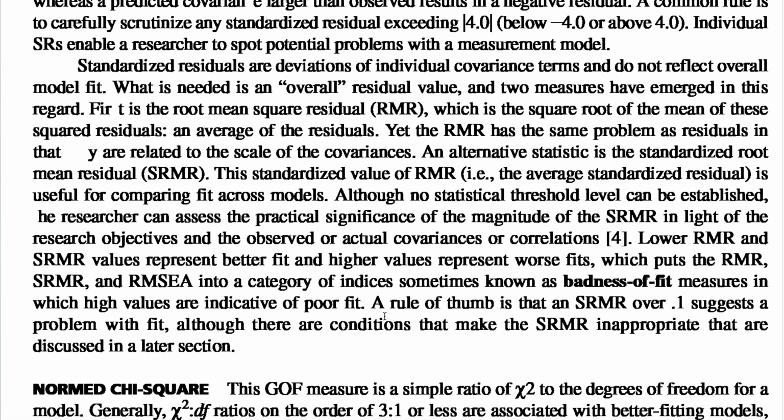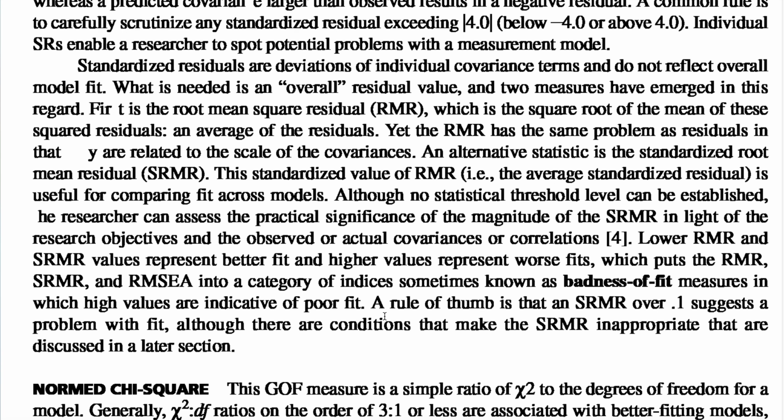What is needed is an overall residual value, and two measures have emerged in this regard. The first is the root mean square residual, RMR, which is the square root of the mean of the squared residuals, an average of the residuals.